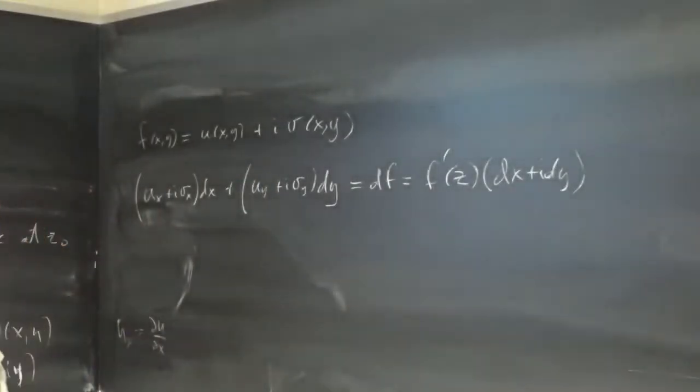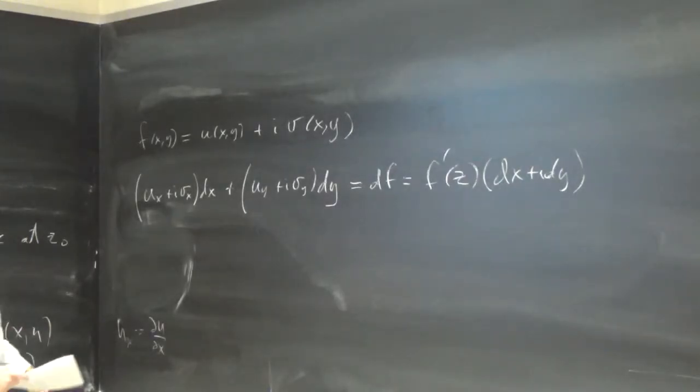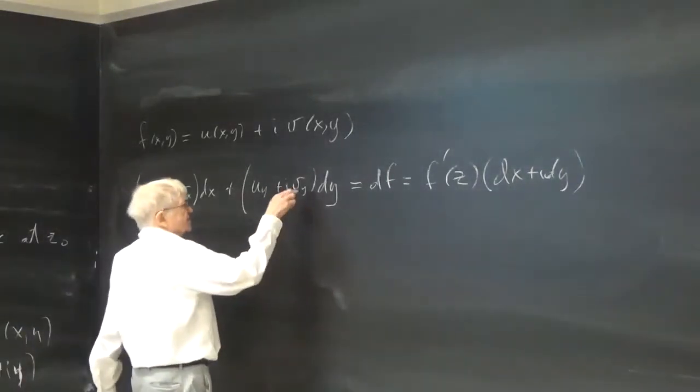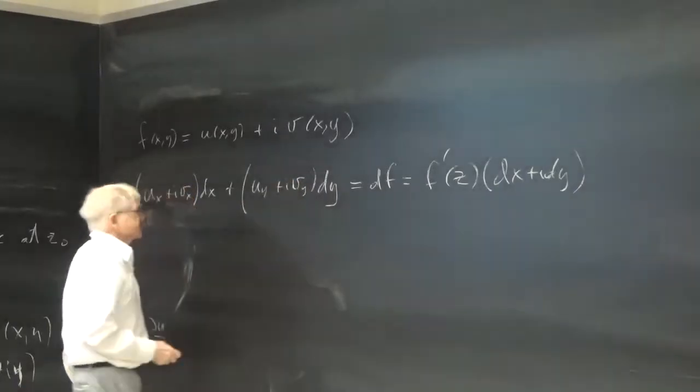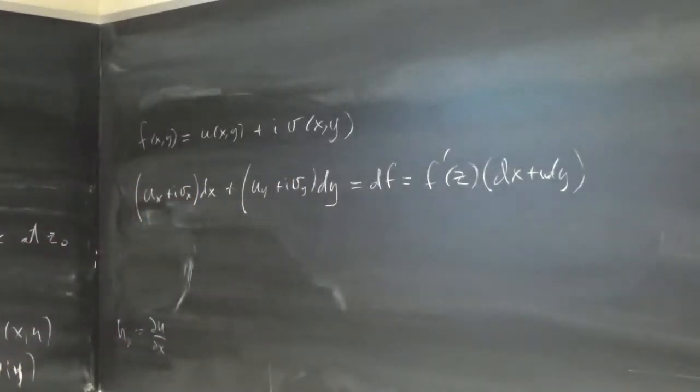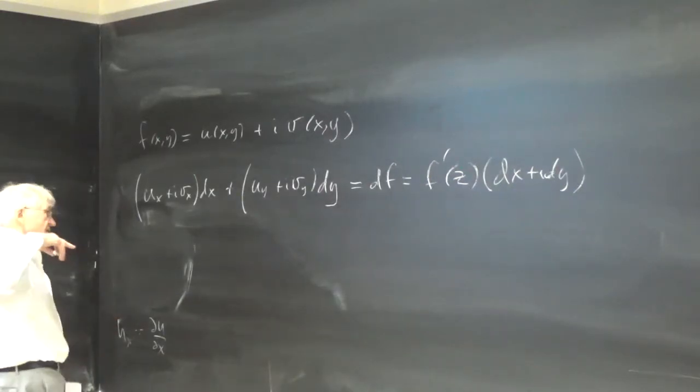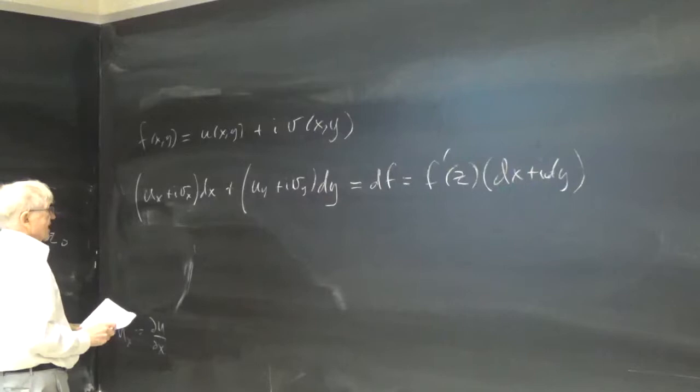And now if f is analytic, then this equation has to be true for small dx and small dy, no matter what the ratio of dx to dy is. So that's the idea that you can approach in either direction.